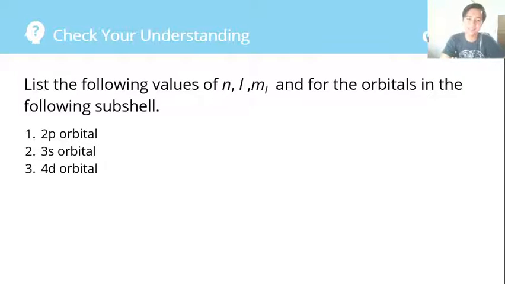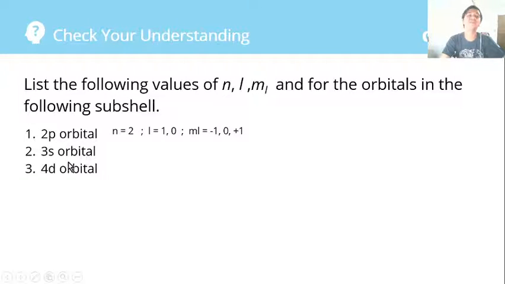The n would be equal to 2, principal energy level 2. L would be equal to 1 or 0. Why? Because it's n minus 1, so 2 minus 1 is equal to 1. So the allowed values are 1 or 0. M sub L will be negative 1, 0, positive 1.